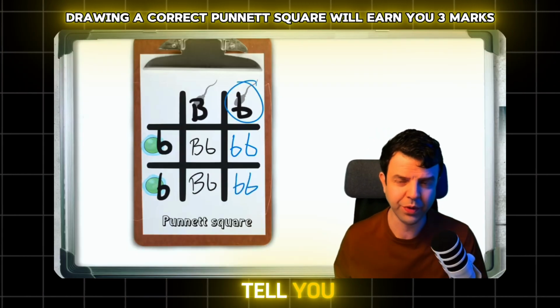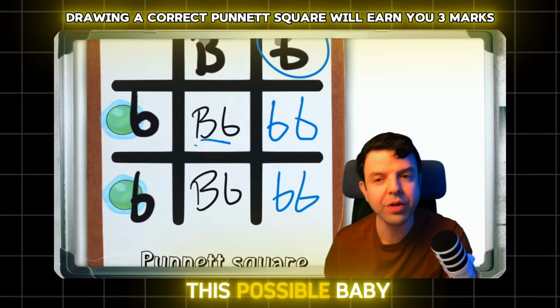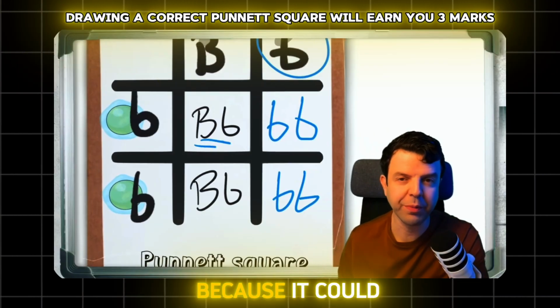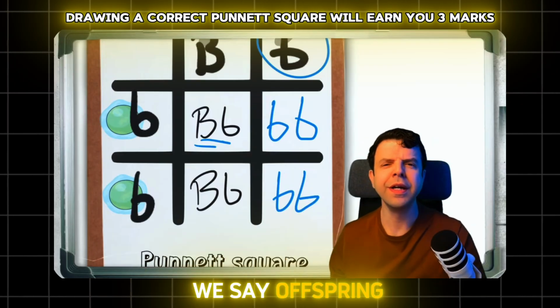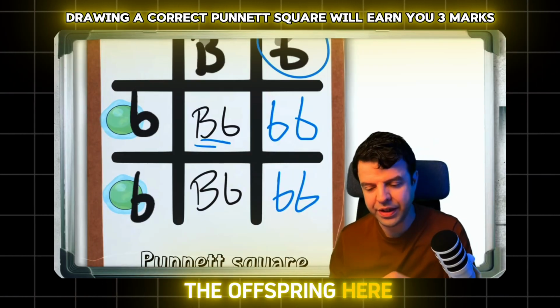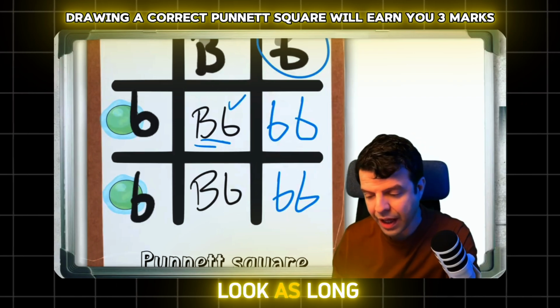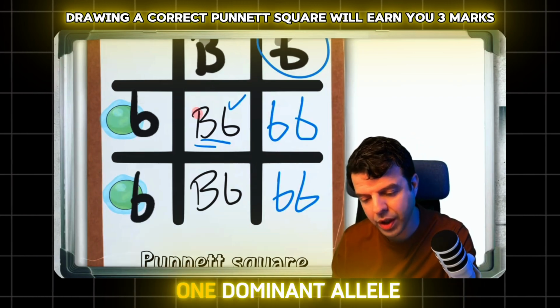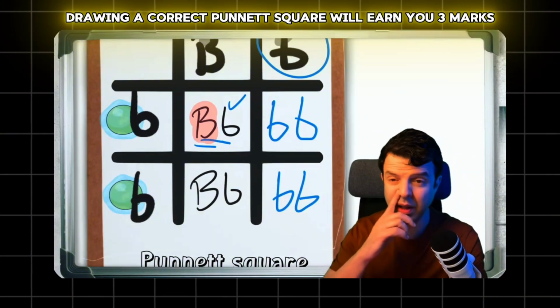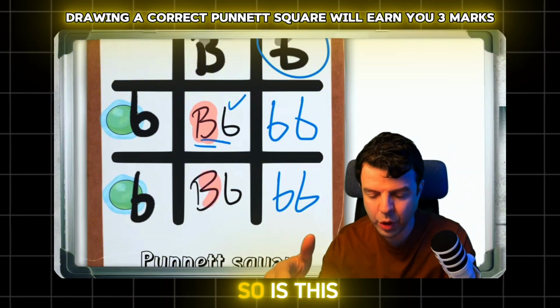So what does that tell you? This possible baby, call them offspring, because it could be a puppy, kitten, whatever. So in general, we just say offspring. The offspring here has brown eyes. Look, as long as you have one uppercase, one dominant allele, then he's brown, right? So is this one.